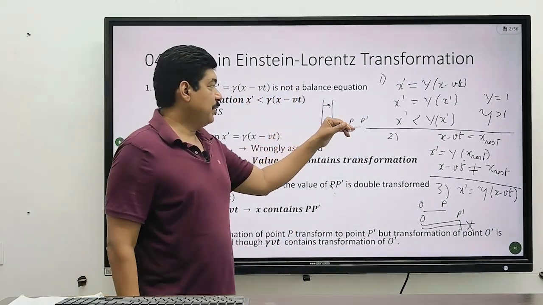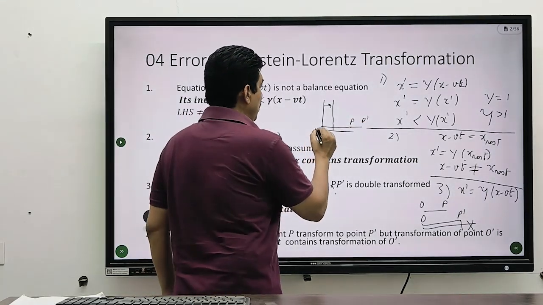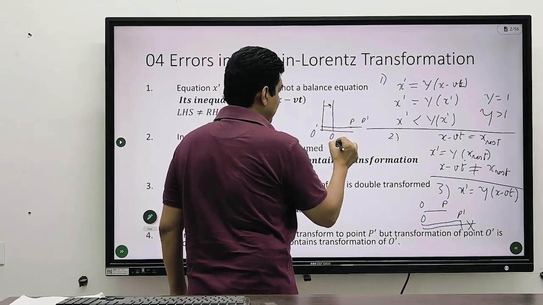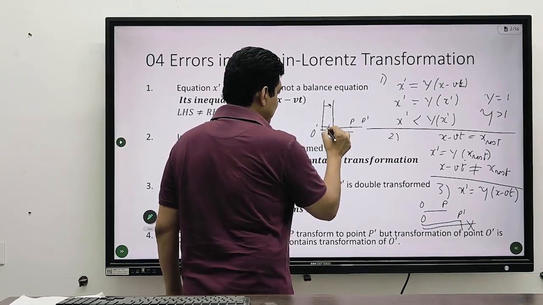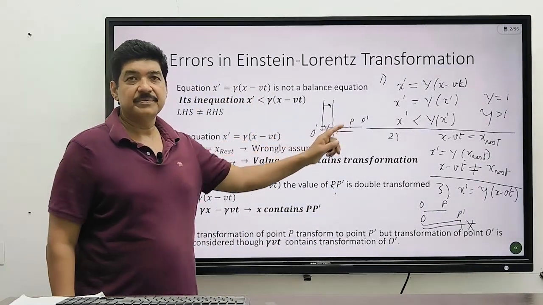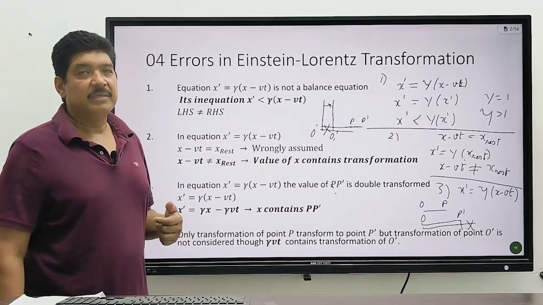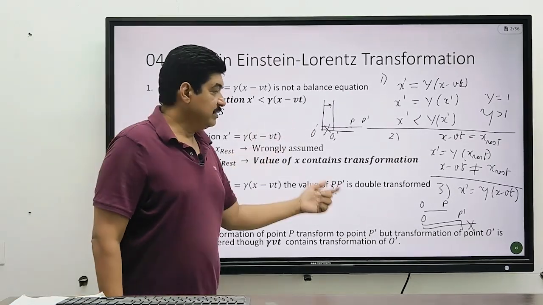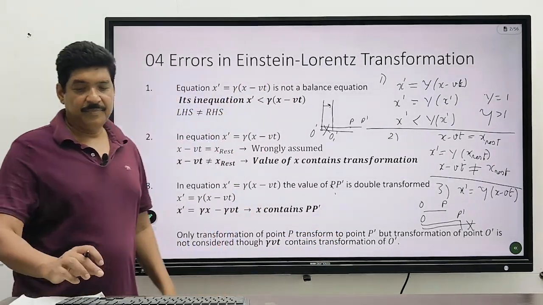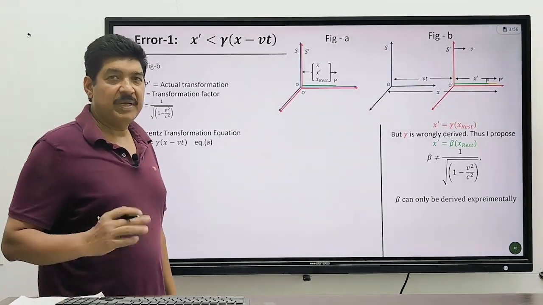They have transformed point P to P prime, but they have not transformed O prime, that is the origin, to O1 prime. Because of this, there is an error in the results of Lorentz transformation. Next, we will take them one by one.